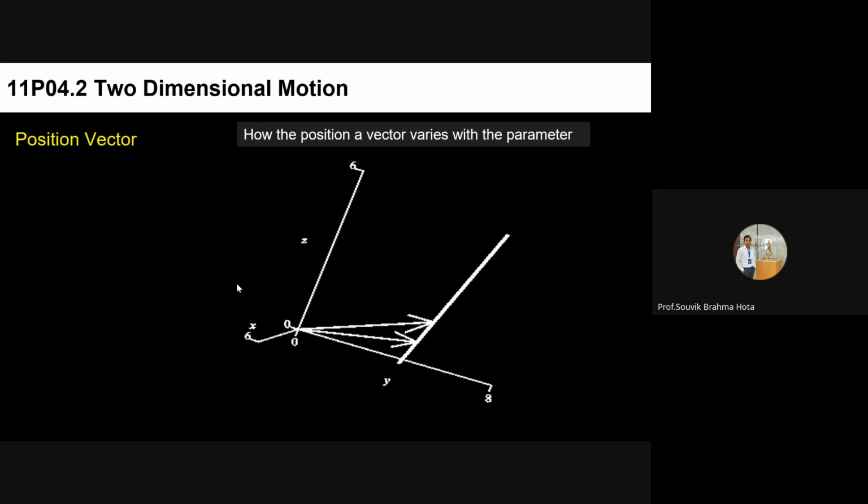Now you see how the position vector varies with a parameter. You can see the arrow is getting enlarged. Initially it was at that position and then it is changing. So what are the parameters that are affecting this position vector?